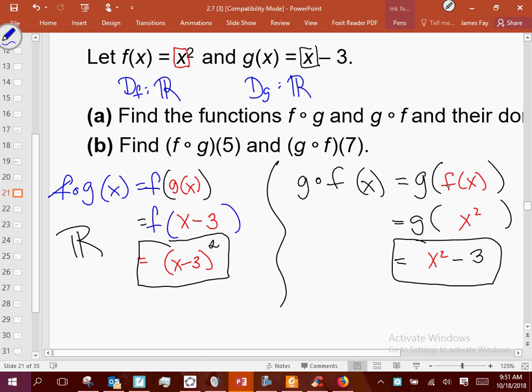Same thing happens here. Look at F of X, original input, that's X squared, that's all real numbers. When I get done here, there's no square root or division by 0, right? So again, all real numbers. If there were issues, we'll see one here in a little bit, hopefully before we get out of here, that there are restrictions we've got to pay attention to, okay?